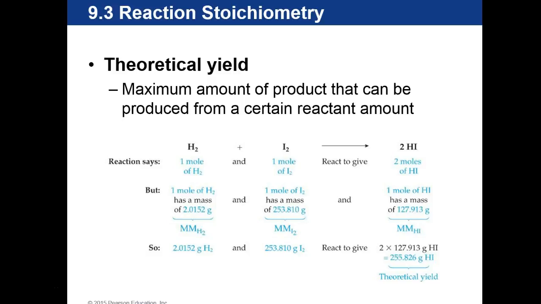But 1 mole of H2 has a mass of 2.0152, get that from the periodic table, and 1 mole of I2 has a mass of 253.8, and 1 mole of HI has a mass of 127.913. So what this is saying is 2.015 grams of H2 and 253.8 grams of I2 react to give 255.826 grams of HI. That's our theoretical yield. That's what we're going to assume that we get by adding those together, right?